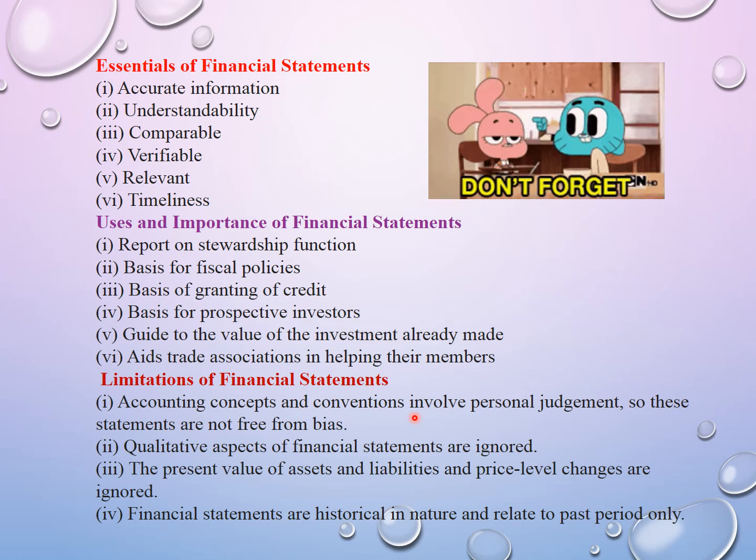These fluctuations in the price level and in the value of assets and liabilities are generally not recorded. Last but not the least, it is based on historical data, means anything which has already happened is recorded, whereas anything that is likely to happen has no place in financial statements.